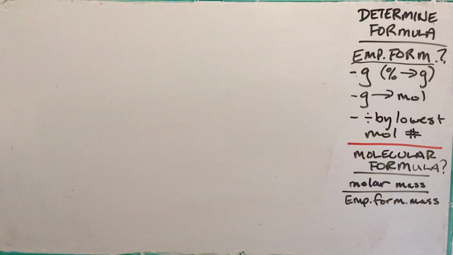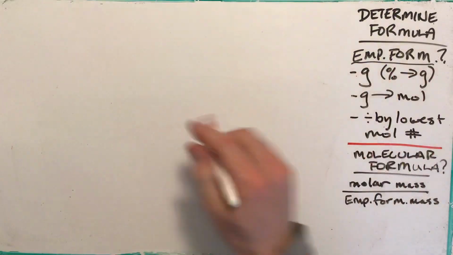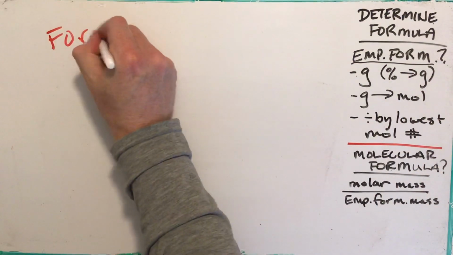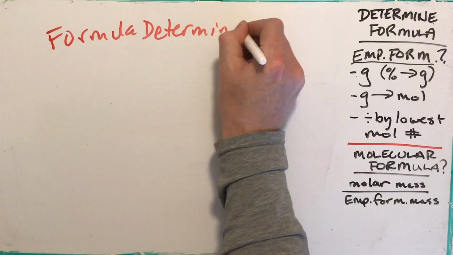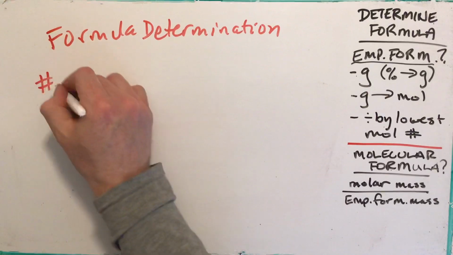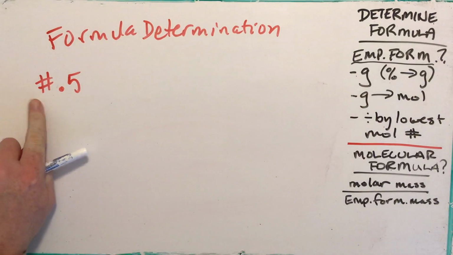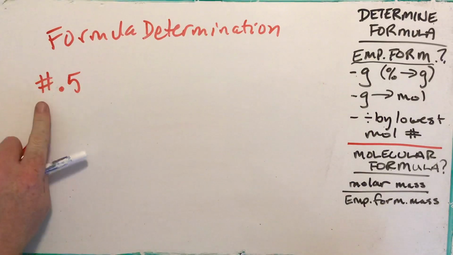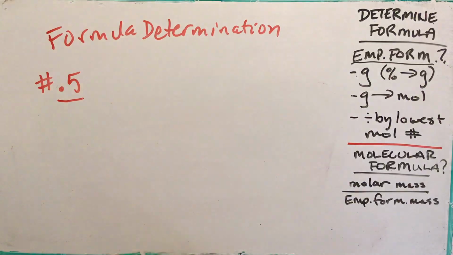All right, so if you get a number when you're doing the formula determination, right? So in formula determination, if you get a number that is 0.5, so 1.5 or 3.5 or whatever it is, and it's 0.5, this is the key part of it, the 0.5.